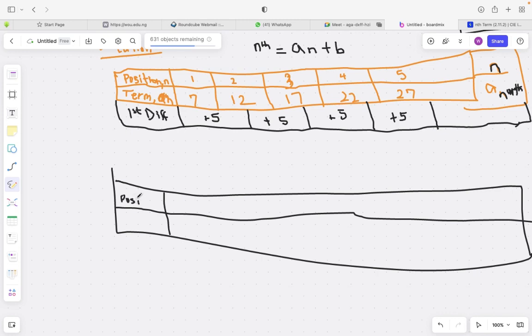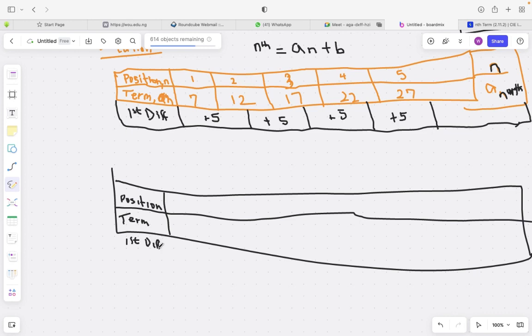Position. And this is the term. And this is first difference. So we're lucky enough, this is a linear sequence.